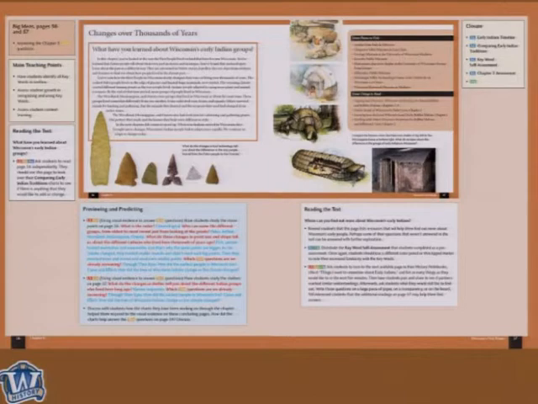We also, I think this is important if you're just doing this book chapter by chapter, to understand that all information about Wisconsin's first people is not in Chapter 3. Indians have played and continue to play a role in the development of our state and our story.